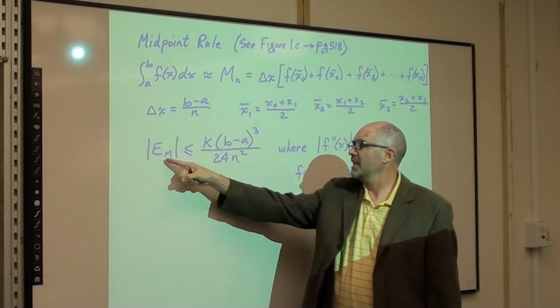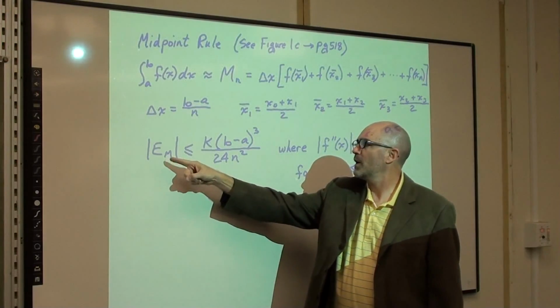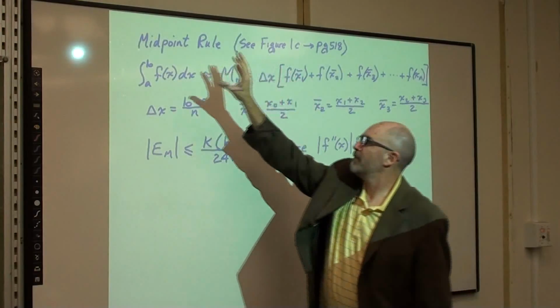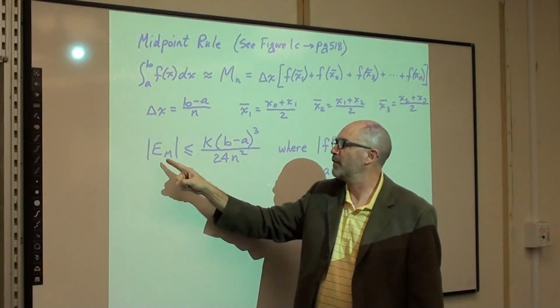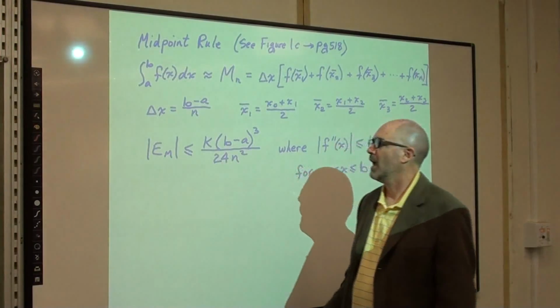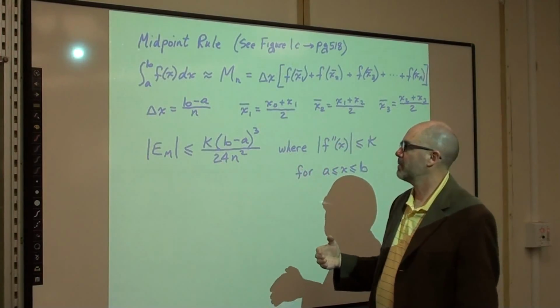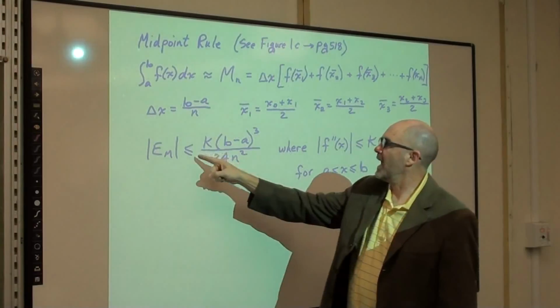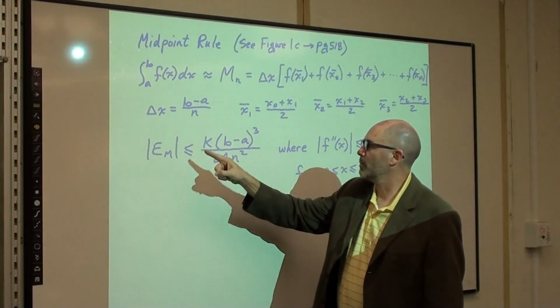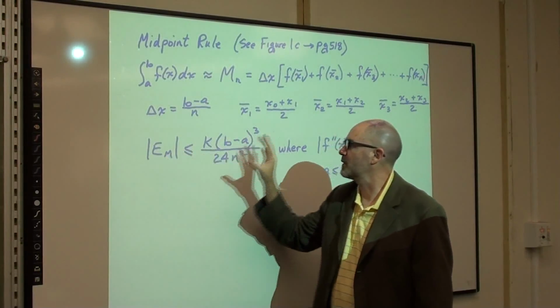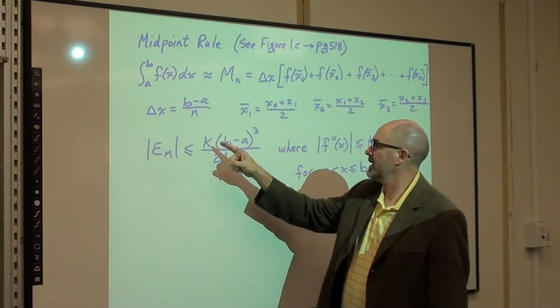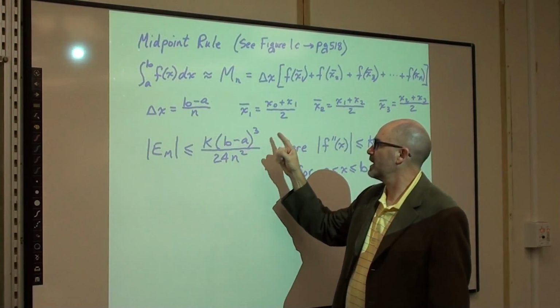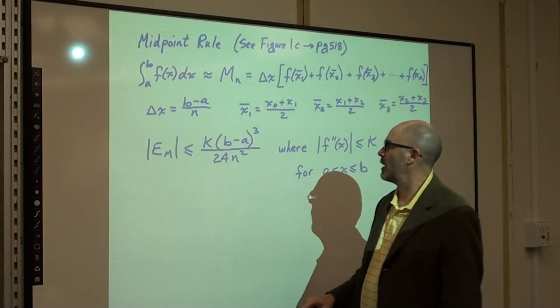It could be above or below the actual area under the curve. So this error is less than or equal to, or basically what we're saying is the error is within this amount. And this amount is going to be k times b minus a cubed over 24n squared.